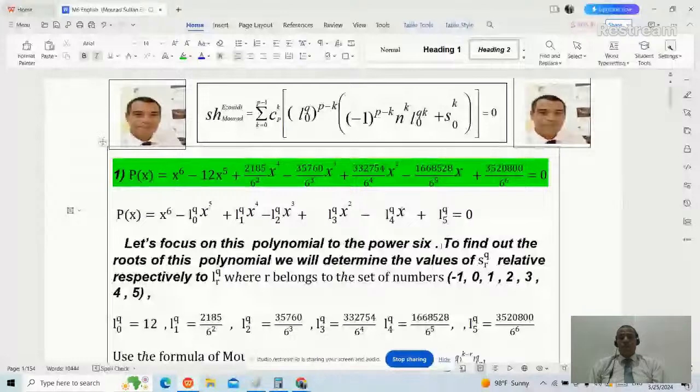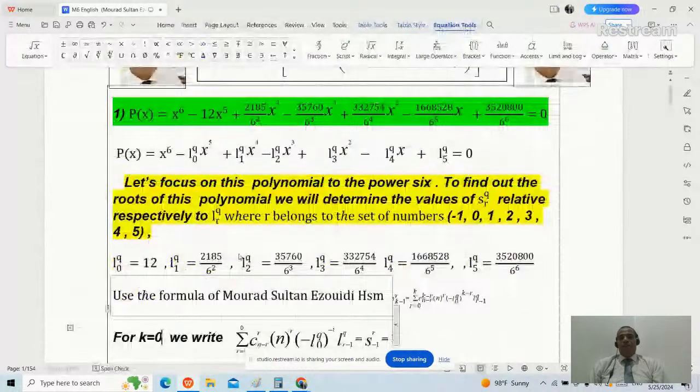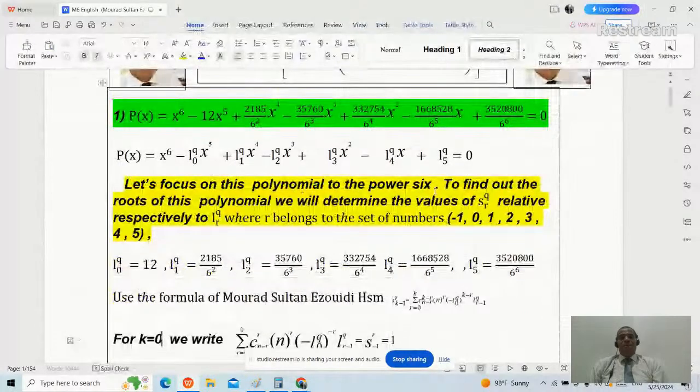Therefore, learners, to start solving this polynomial, we can focus on this polynomial to the power 6 and find its roots.